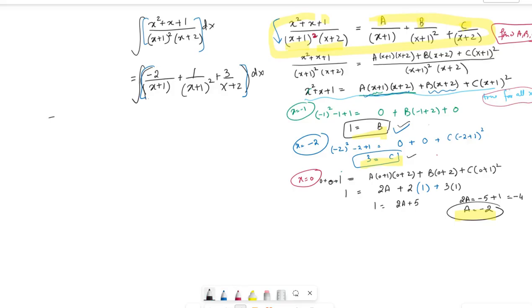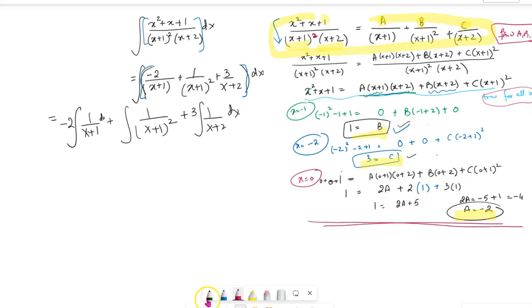So let's do that. We can separate the integrals out, negative 2 out, integral of 1 by x plus 1 with respect to x, plus integral of 1 by x plus 1 whole square, plus 3 integral of 1 by x plus 2 with respect to x. Now you should remember your formulas.